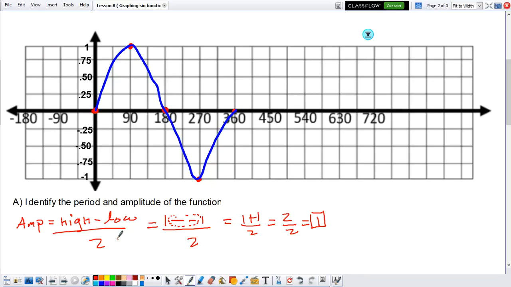Now, let's find the period. The period of the function is how long it took for my function to complete one full cycle. So let's say we start here at 0. Let's do this in orange.